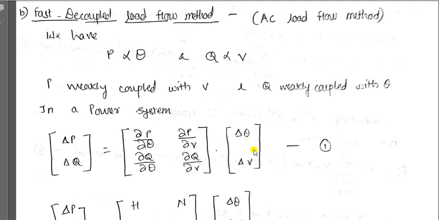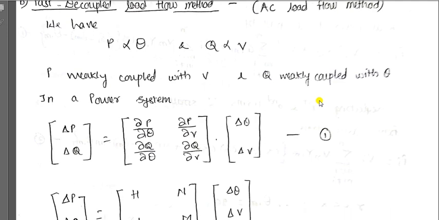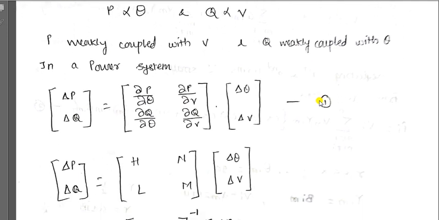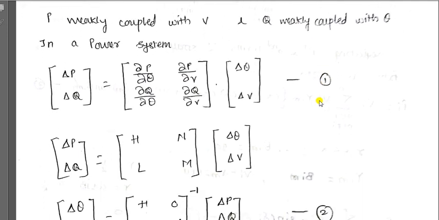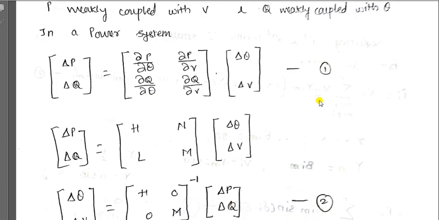Further, in the fast decoupled load flow method we are going to make some assumptions or simplifications in the NR method. This equation number 1 gives us the equation for the NR method.